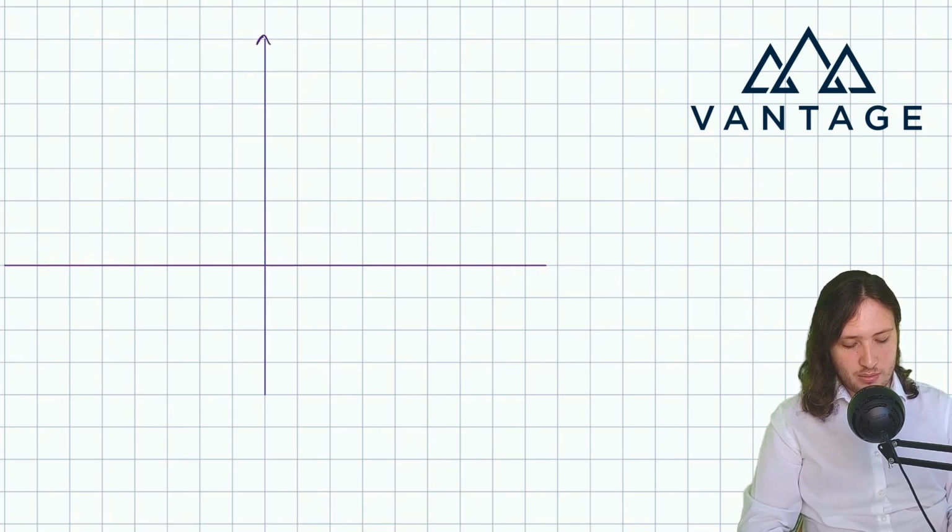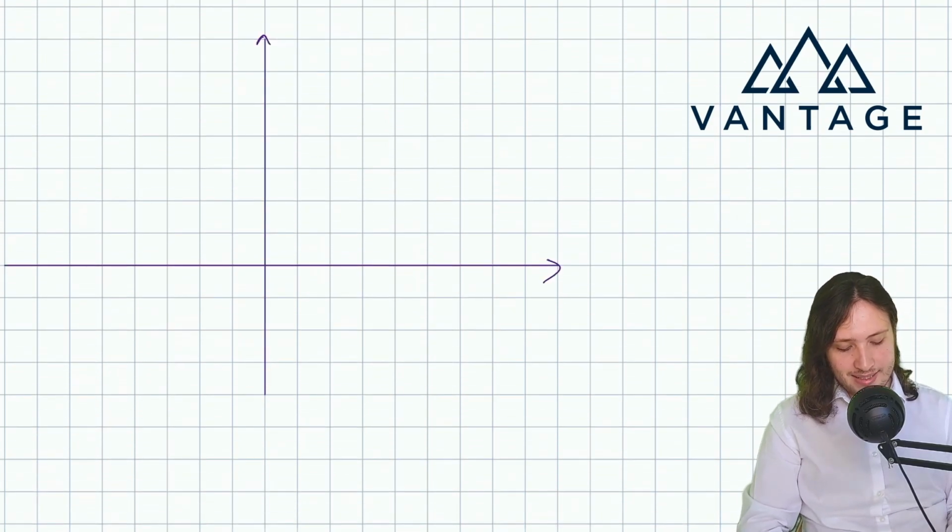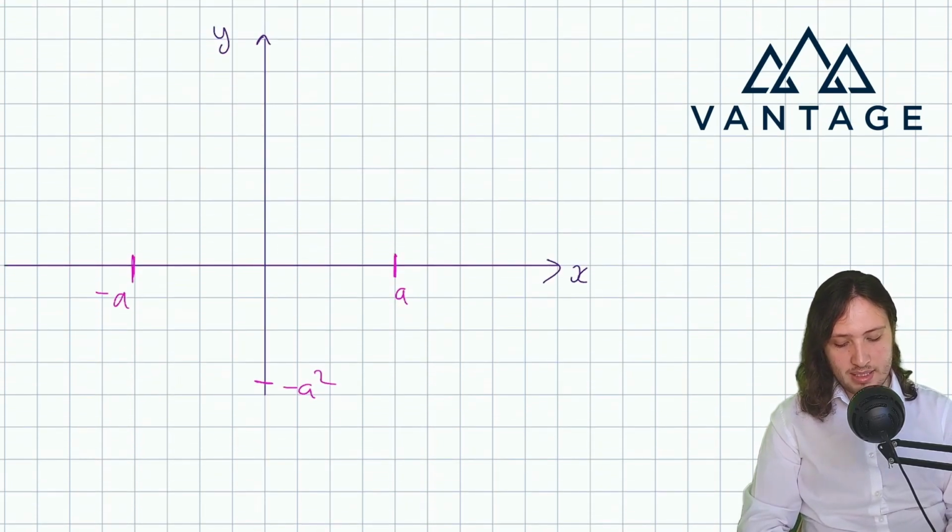So one of the graphs, the quadratic one, was modulus x² minus a². If I didn't have a modulus there, then what would that look like? Well, it would obviously have x-intercept at a and minus a, and it would have y-intercept down at minus a² if the modulus wasn't there. So that would give me something like this.